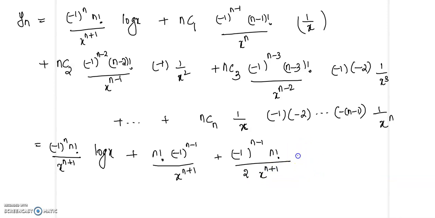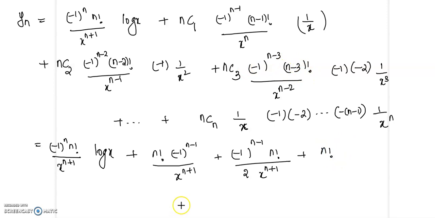Then in the next term, nC3 is n into n minus 1 into n minus 2 by 1 into 2 into 3. So the 1 and 2 cancel, and a 3 remains below. Now n, n minus 1, n minus 2 combined with n minus 3 factorial will be n factorial.